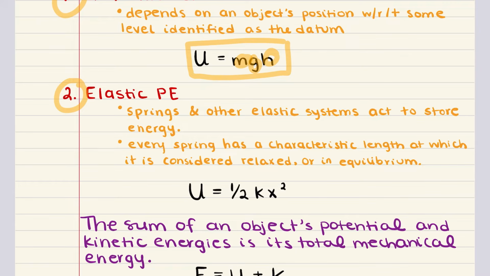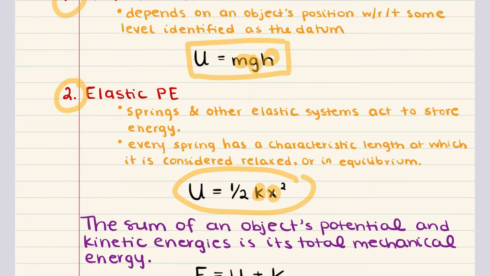The elastic potential energy is given by this equation right here, which says that elastic potential energy is equal to 1/2 kx squared. Here in this equation, k is the spring constant. This measures the stiffness of the spring, and x here is the displacement from the equilibrium position.